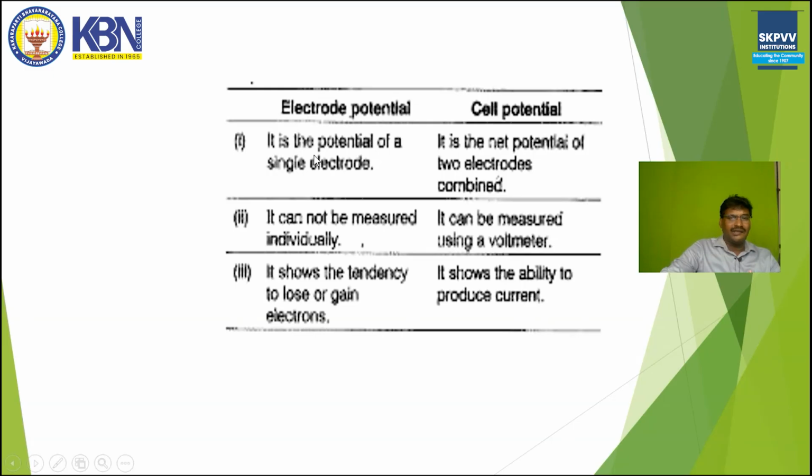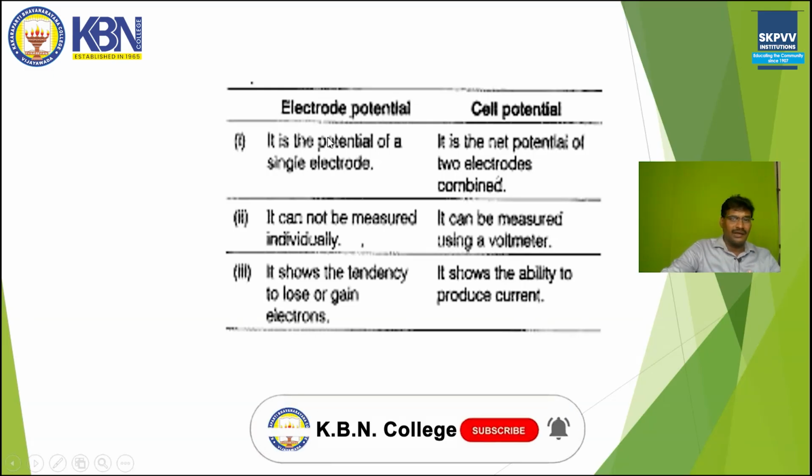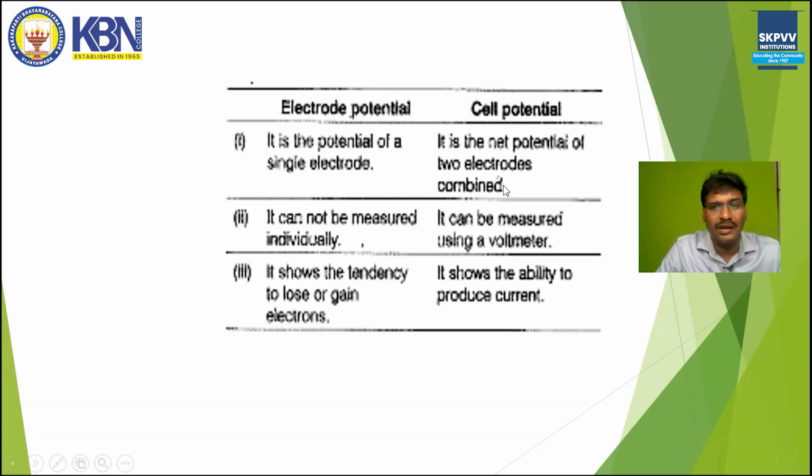That is called electrode potential. Here, what is the major difference between electrode potential and cell potential? Electrode potential is the potential of a single electrode, but cell potential is the net potential of two electrodes combined.